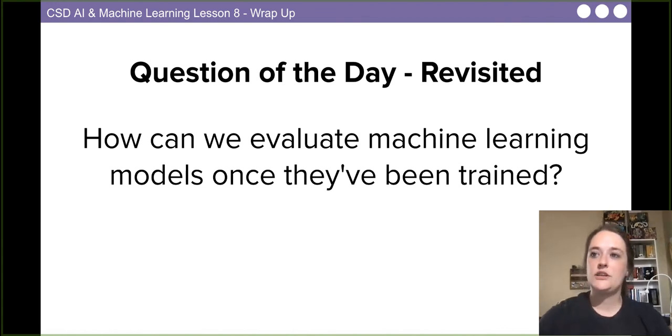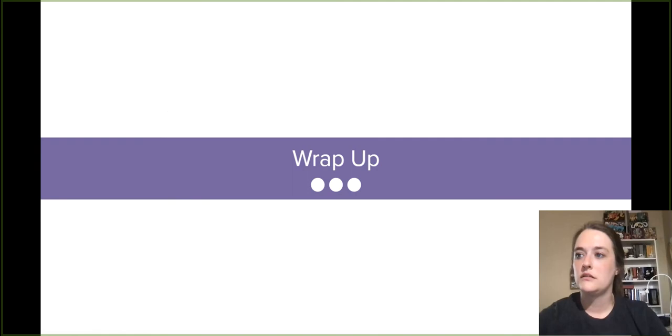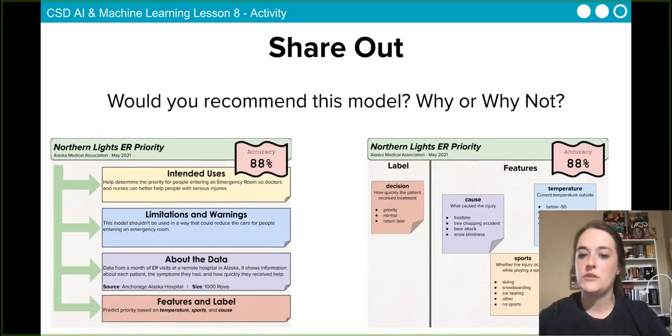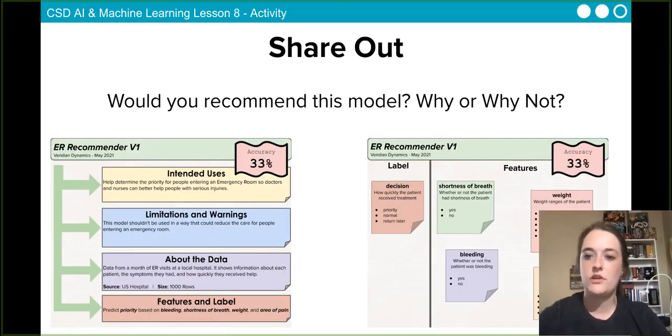And I want us to go back. I'm going to tell you what I think. 33%. That's horrible accuracy. I would not recommend this model based on 33%. Plain and simple.